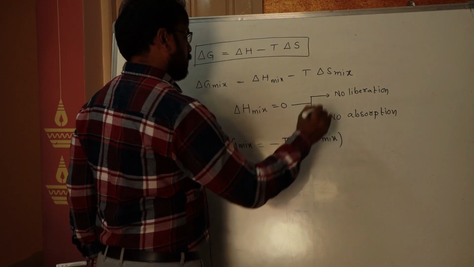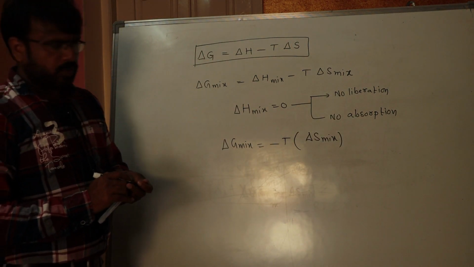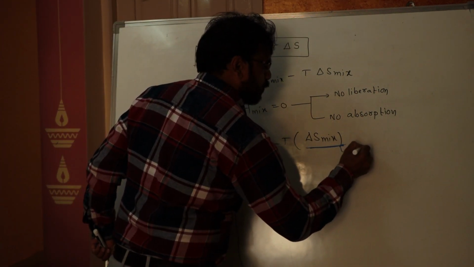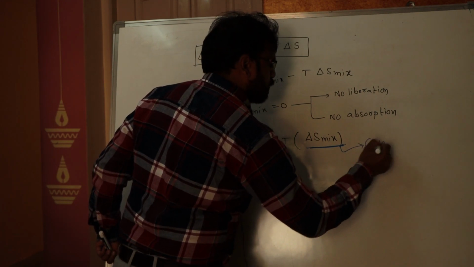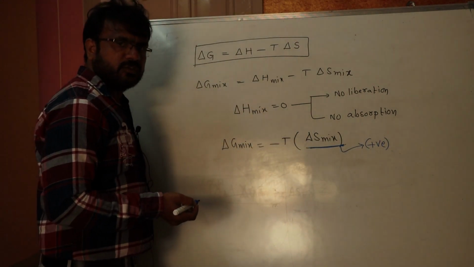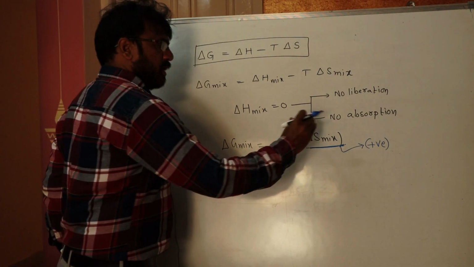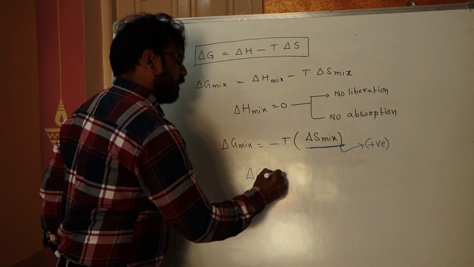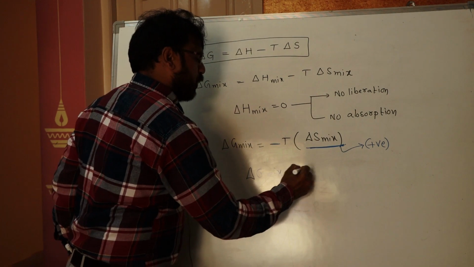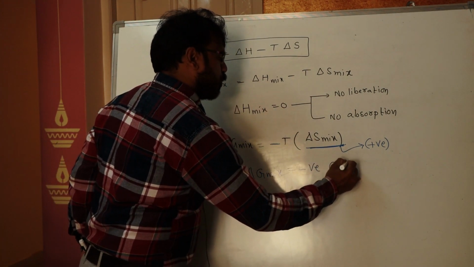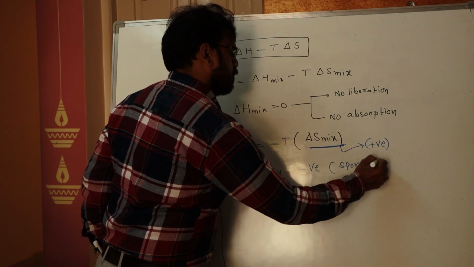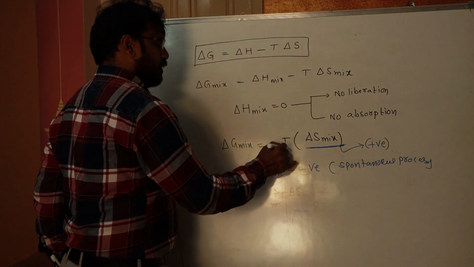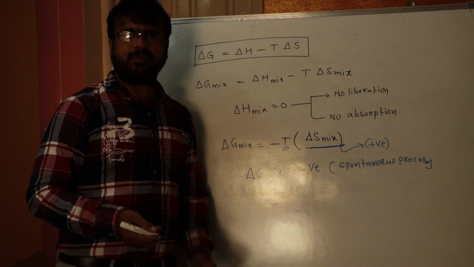Just now I told you delta S mix is always positive. Then overall delta G mix, you will get negative. Negative means it is a spontaneous process. At all temperatures, it is a spontaneous process.